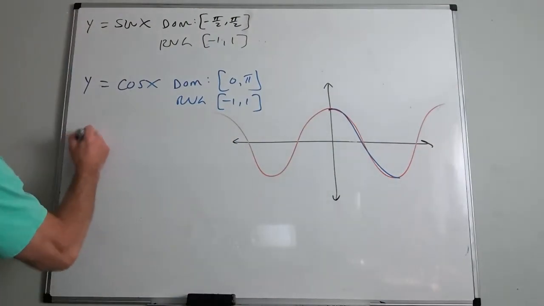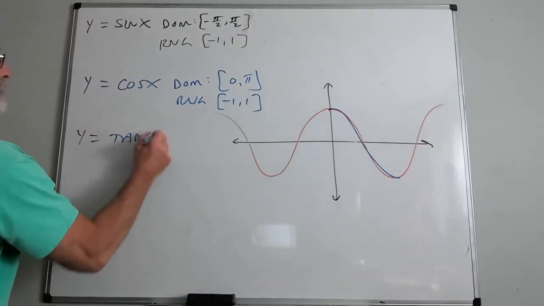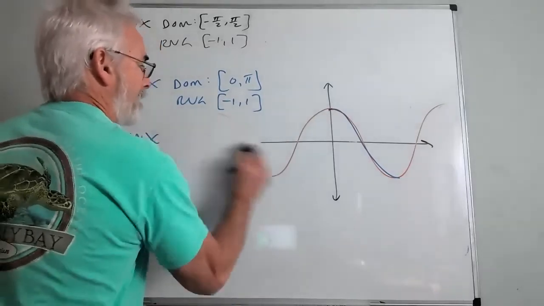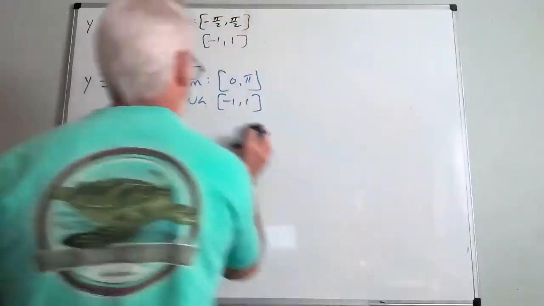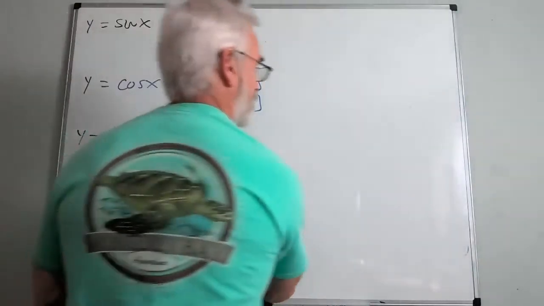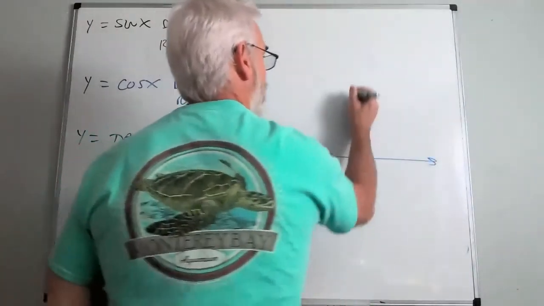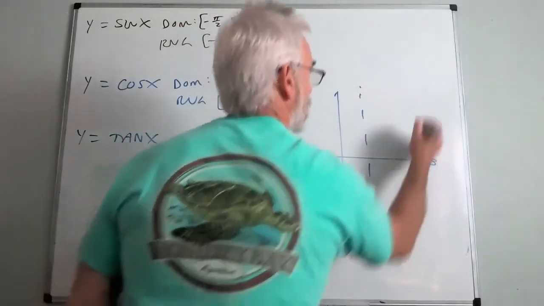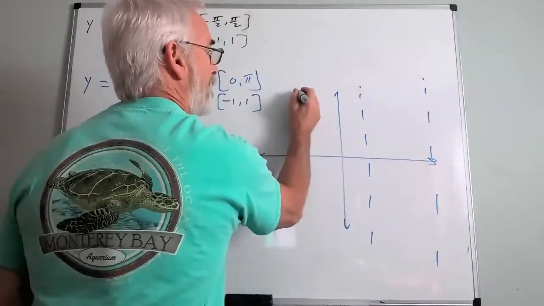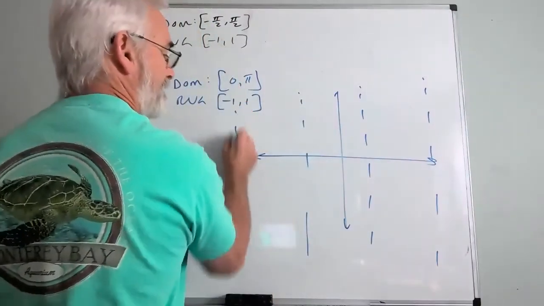And then what about the tangent function? Well, the tangent function, as we know, has asymptotes, which are cool. So tangent, every pi units, there are asymptotes.